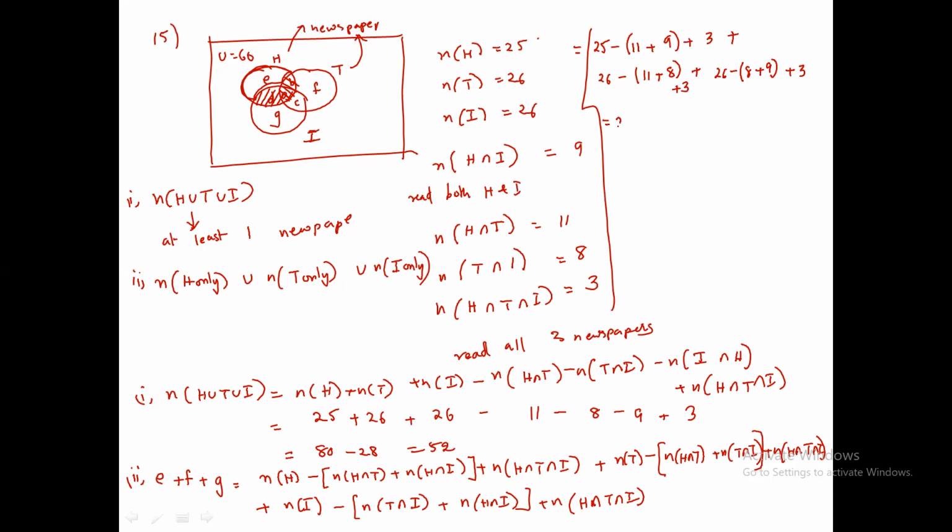So that means I will have 25 minus 20 plus 3, plus 26 minus 19 plus 3, plus 26 minus 17 plus 3.